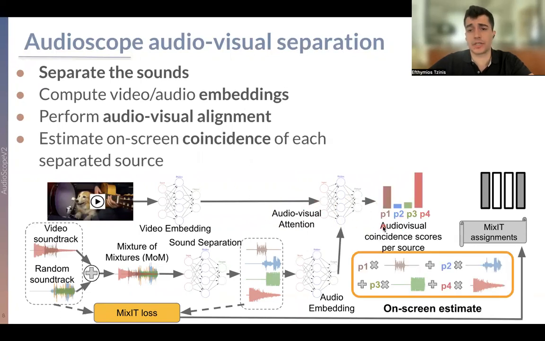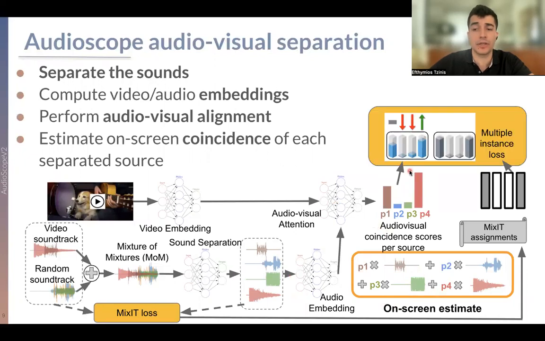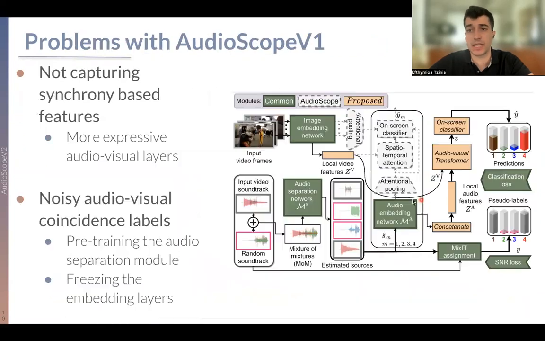On top of that, we extract an audiovisual coincidence score using a classifier on top of this audiovisual alignment module, and we use it as a soft weight in front of each of the estimated sources in order to form the final on-screen estimate. And we train the overall model using a multiple instance loss between the audiovisual coincidence scores and the mixing assignments.